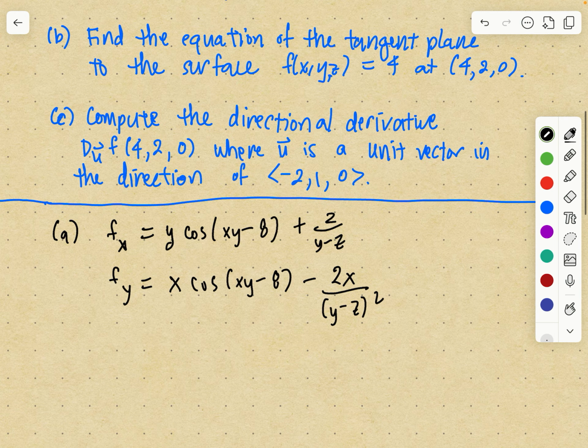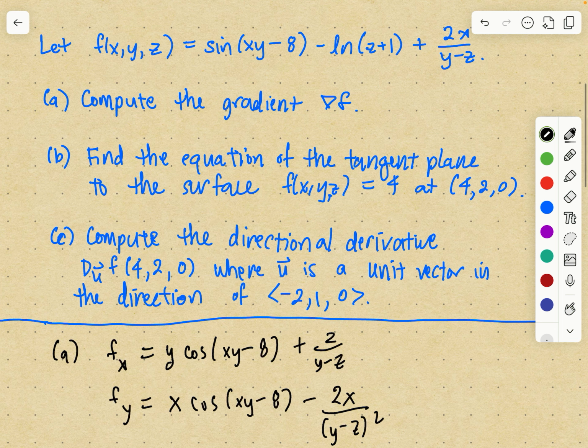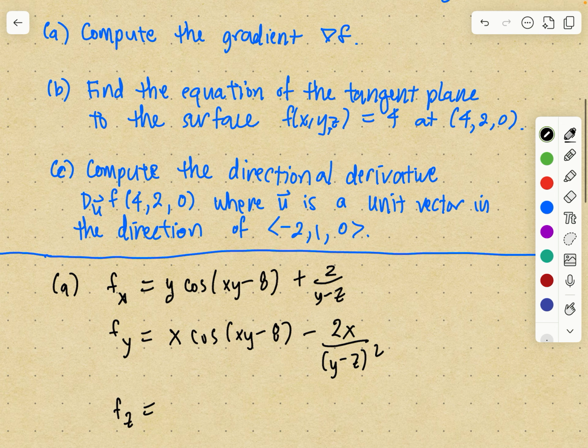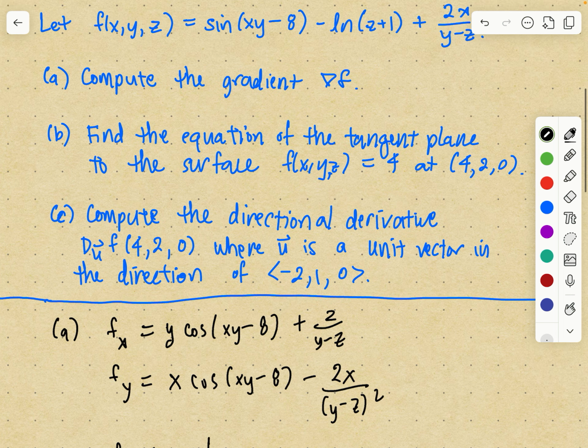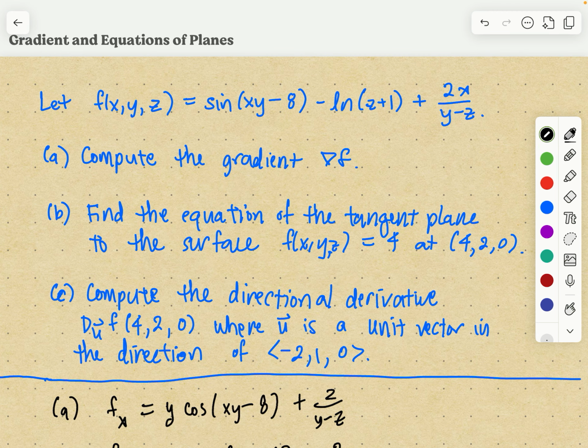Okay, so that's f sub y, and then f sub z is going to be, so this first term, sine of (xy minus 8), the derivative is going to be 0, right, because I don't have any z terms. For the middle one, I'm going to get negative 1 over (z plus 1), and then I have to multiply by the derivative of the inside, but the derivative of the inside is just 1. And then for the last term, again, I can rewrite this as 2x times (y minus z) to the negative 1.